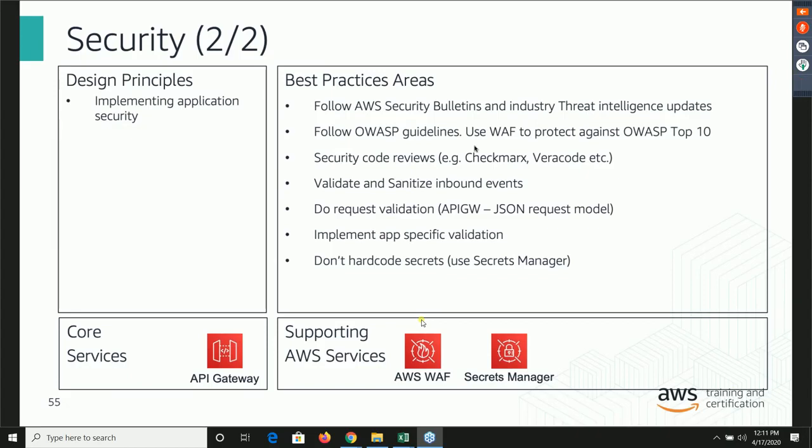And of course, do app-specific validation. Each application is different, your customer may have different use cases, so use your judgment to make sure that you are using validation mechanisms appropriate to that kind of application. For example, if you're using credit cards, make sure you're encrypting, and not persisting that personal card information anywhere in persistent storage and so on, right?